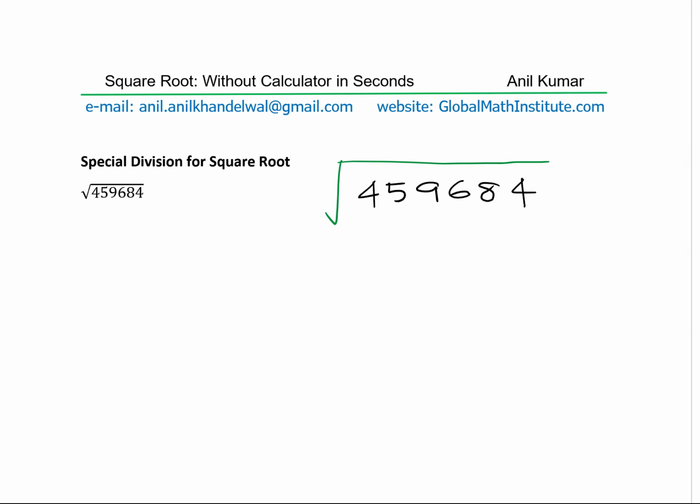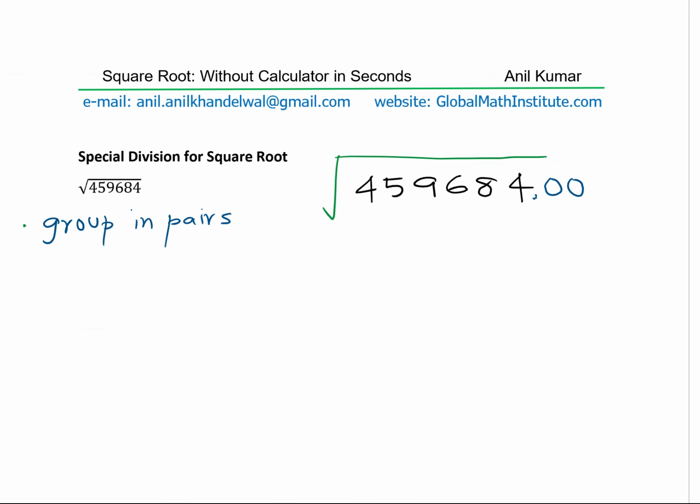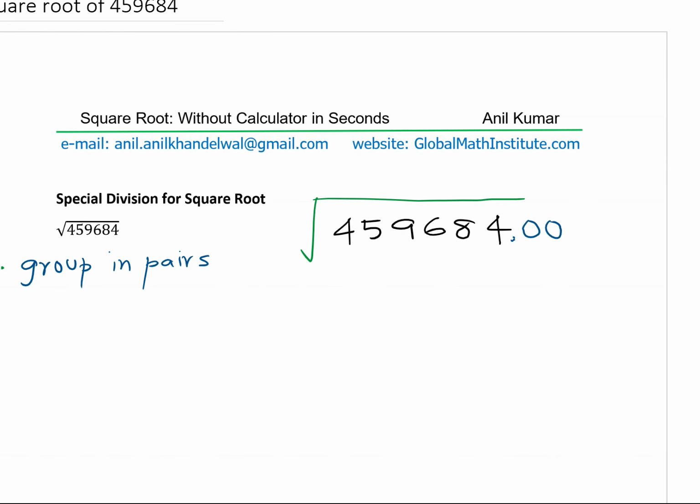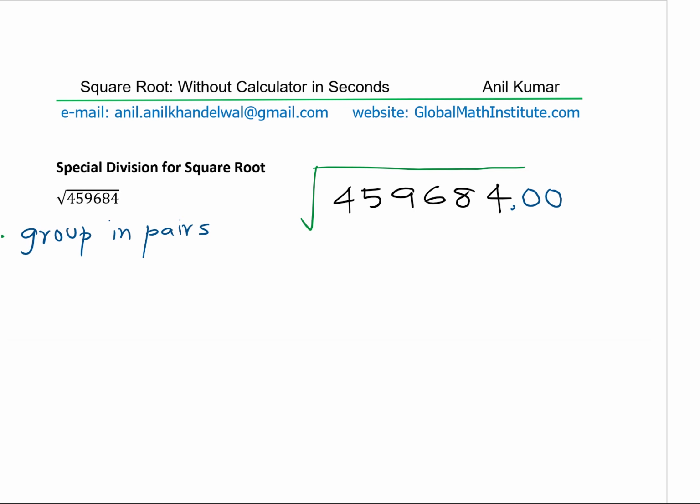Now, the steps involved in this special division: step number 1 is to group in pairs. This grouping starts from the least significant digit. So we make pairs starting from the digit just before the decimal.